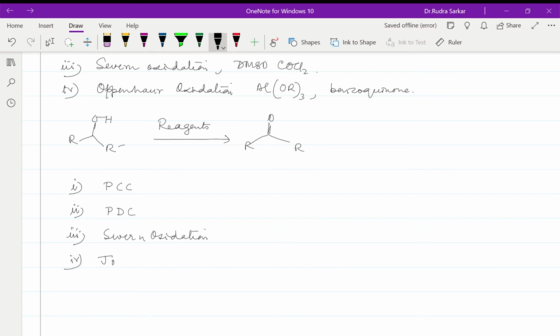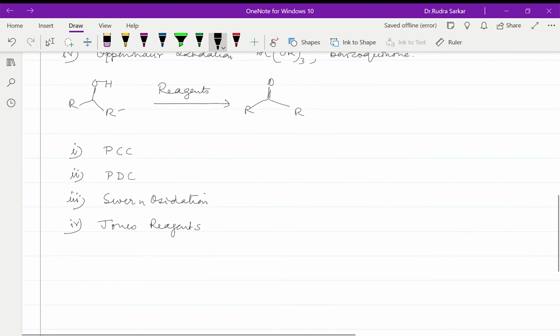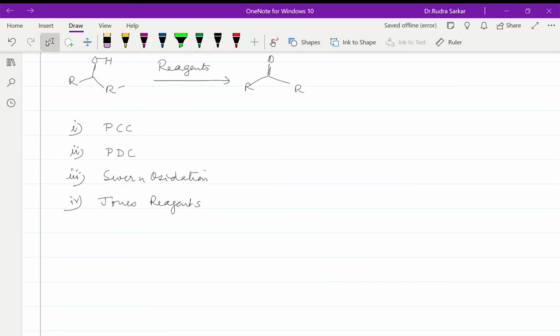We may also use Jones reagent. Jones reagent is not used in the case of primary alcohol because it will further oxidize the aldehyde produced to the acid.